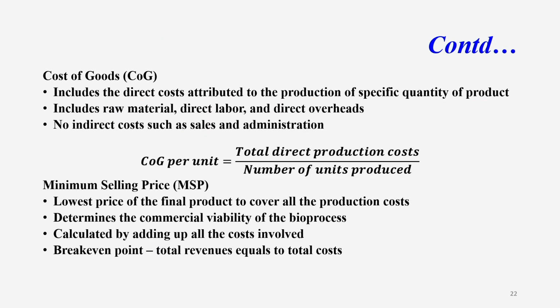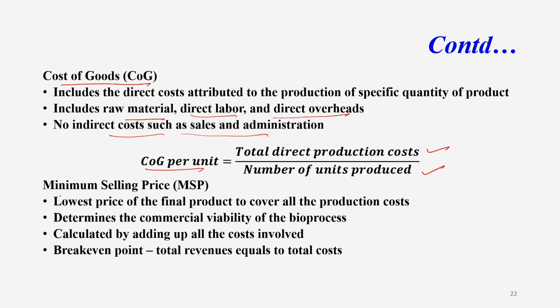Further, the cost of goods includes the direct cost attributed to the production of a specified quantity of product. It may include raw material, direct labor or direct overheads. Here no indirect cost such as sales and administration is considered. So, cost of goods per unit is defined as total direct production cost divided by the number of units being produced.